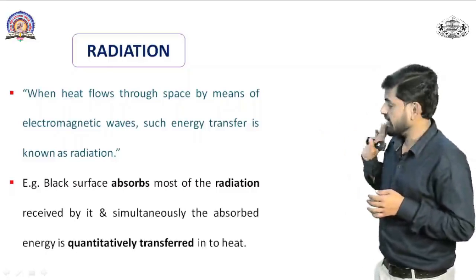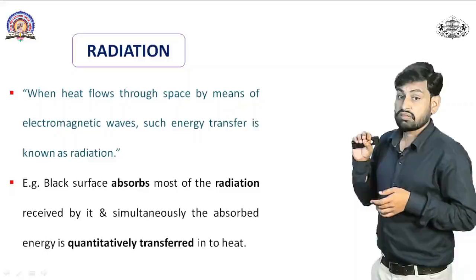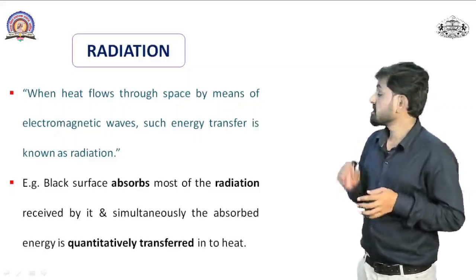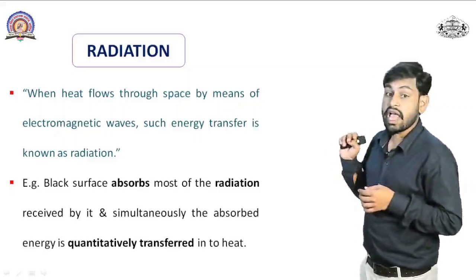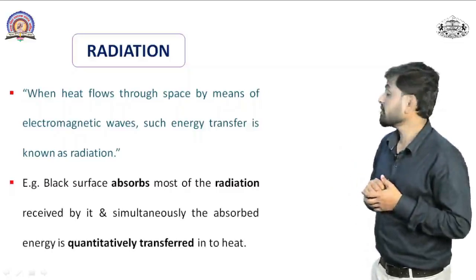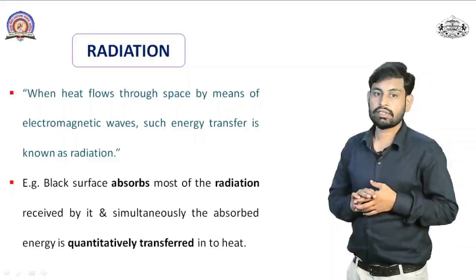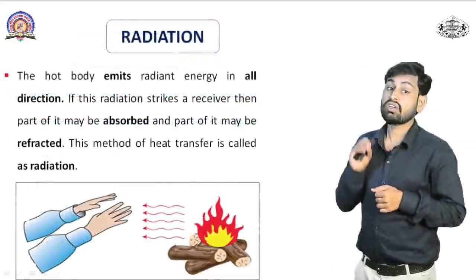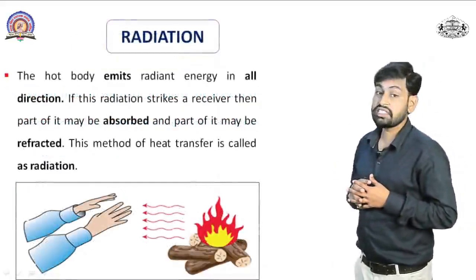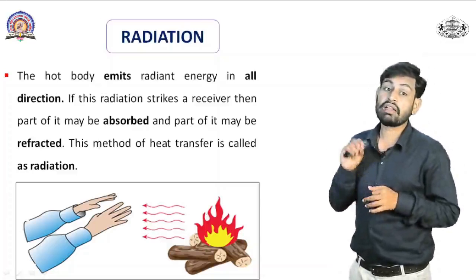For example, a black surface absorbs most of the radiation received by it, and simultaneously the absorbed energy is quantitatively transferred into heat. The hot body emits radiation, or radiant energy, in a parallel direction.